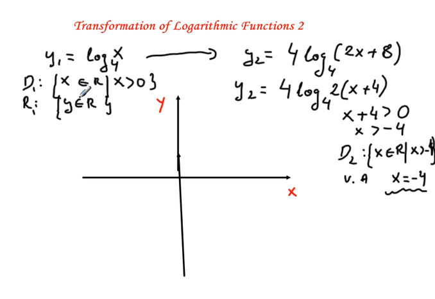The original graph, log to base 4 of x, will be somewhat like that. So let's call it log to base 4 of x. Vertical stretch, not vertical transformation, 4 times the existing value.